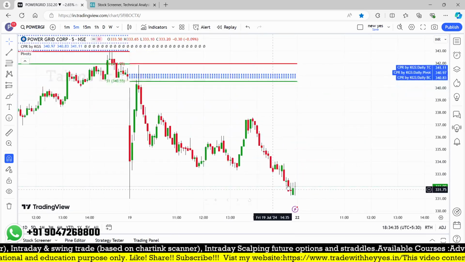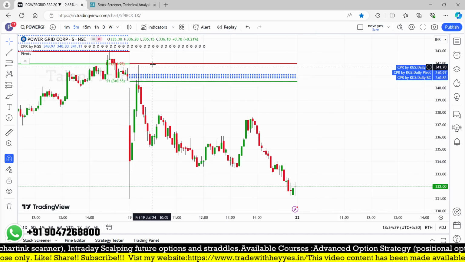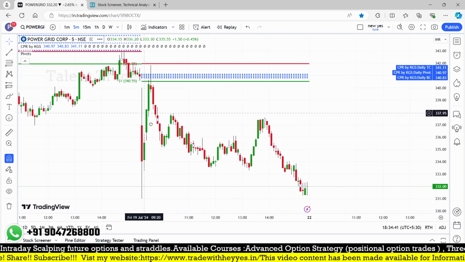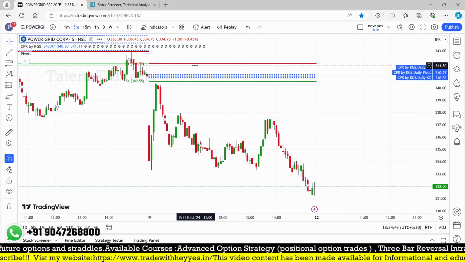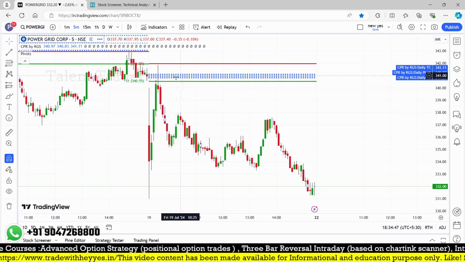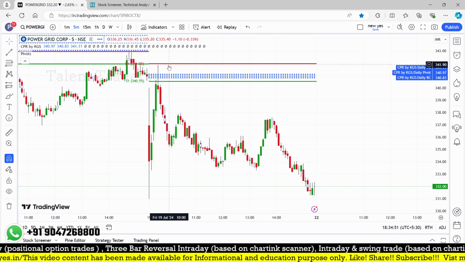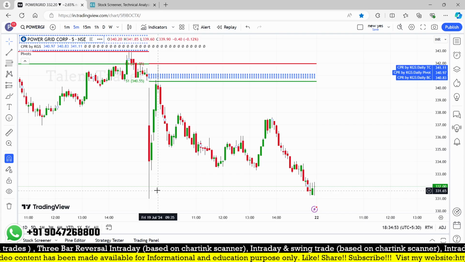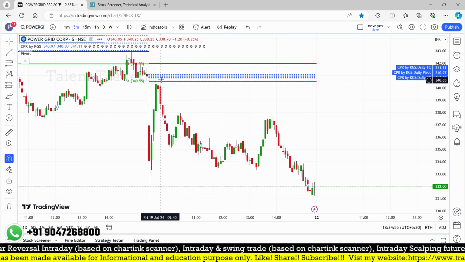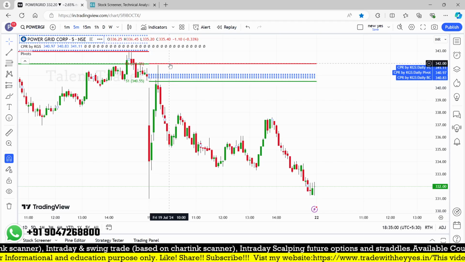So can you see the CPR level exactly inside, between the R1 and S1. Here the blue line is S1 and the red line should be the R1, and it is inside that particular range, and it is giving you such a good trend. It has not broken the R1 level, that is resistance one level. With support one level, we may take a selling opportunity or breakout opportunity. R1 level we can try for.